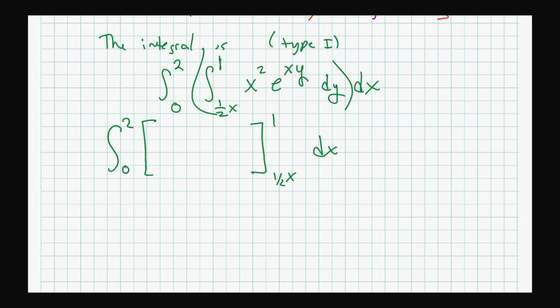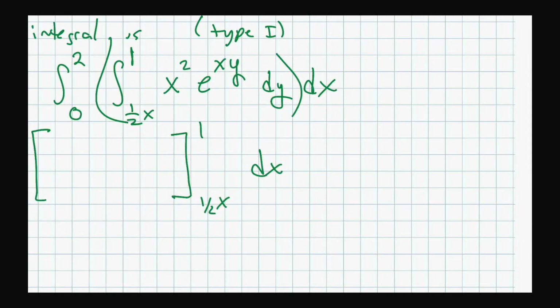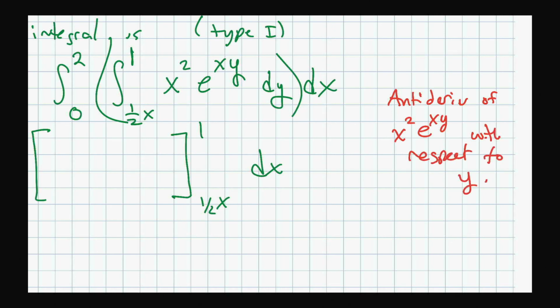And we need an antiderivative of x squared e to the xy, with respect to, I should say, y. Right? You have to make sure you pay attention to which variable you're integrating with respect to.